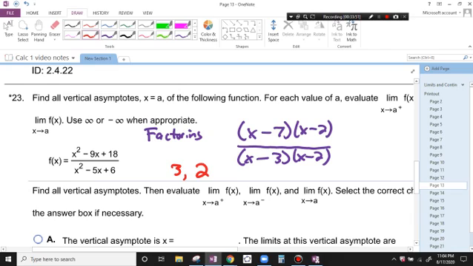2 is not a vertical asymptote because I can just go ahead and cancel out the x minus 2, so that 2 does not present us with the problem of dividing by 0 because it gets canceled out. 2 would give a hole, and then 3 is the one that makes the denominator 0, and that would give us a vertical asymptote.